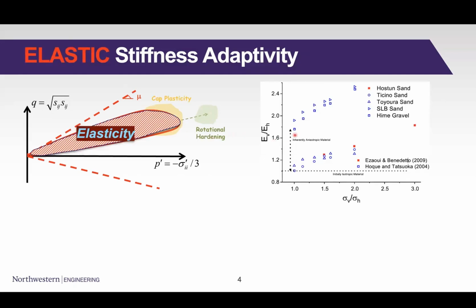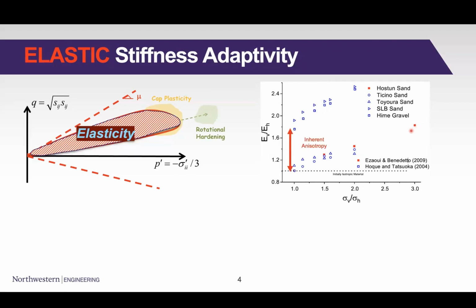Well, if you look at the experimental results in this case, for triaxial compression, you can see that the stiffness ratio, the Young's modulus ratio obtained by dynamic measurements in the two orthogonal directions, is increasing as the stress state becomes more anisotropic, and this is true for all the sand types.